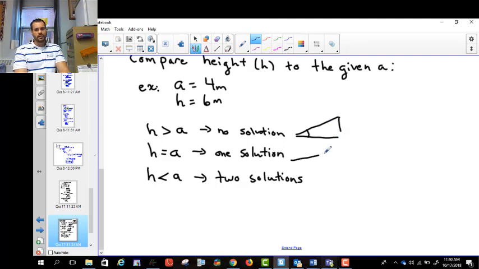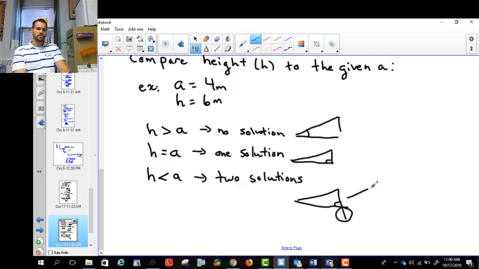If it's equal to h, then it forms the right angle triangle. Okay, but it doesn't go anywhere past it. If a is bigger than h, then what happens is you actually form this triangle. Okay, and I'm sorry that it's not exact, but you have this extra little piece.